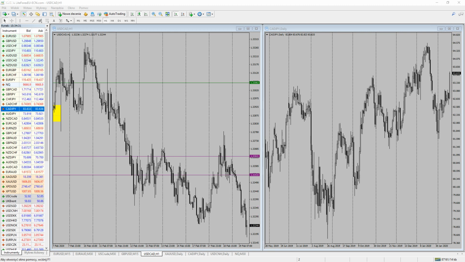Completely different thing is when it comes to the Canadian yen. Here I'm looking for an immediate selling opportunity, especially taking into consideration the price action here to the upside, right?